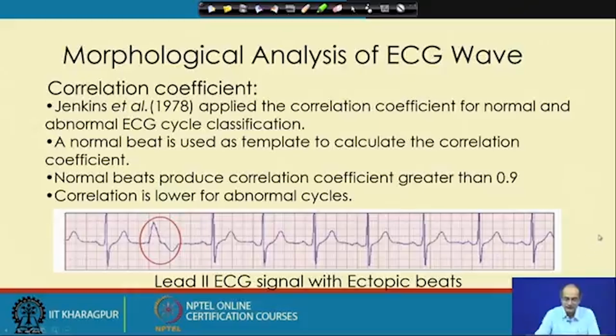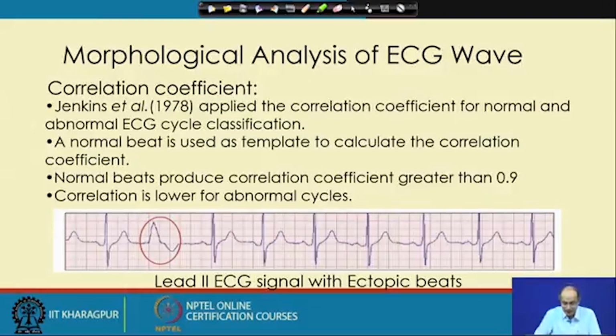So, here some example is given, an example of lead 2 ECG with ectopic beats. In this case, in the red color we have shown one such ectopic beat. As the shape is entirely different in this case for the QRS complex, the correlation coefficient will be much lower.